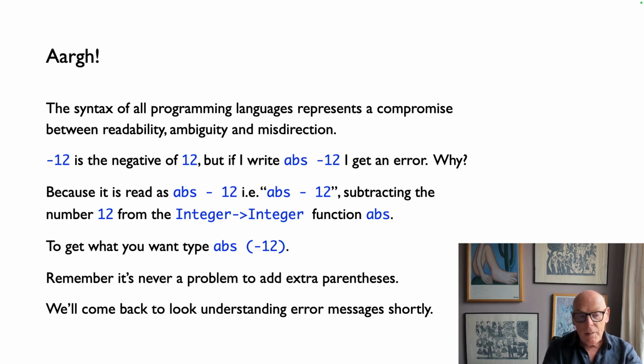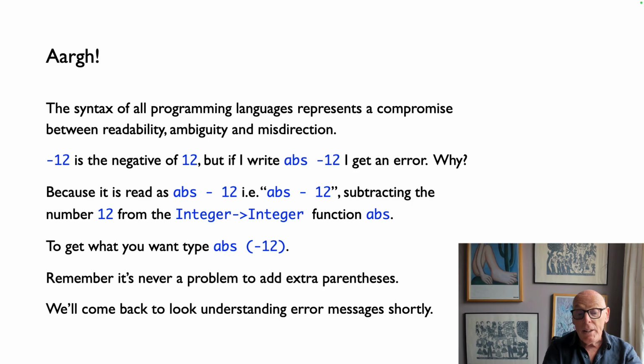So -12 is negative of 12. But if I write abs -12, remember this gives you the absolute value of -12, I get an error. The reason for that is that abs -12 is read as a subtraction of the number 12 from the function abs. And clearly there's a problem there. You can't subtract numbers from functions.